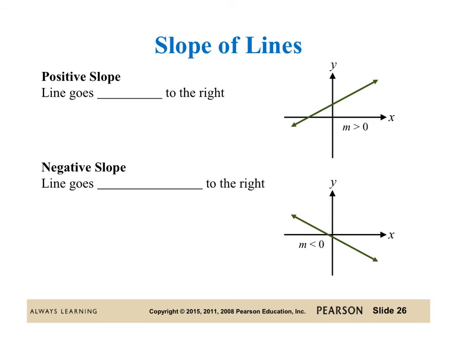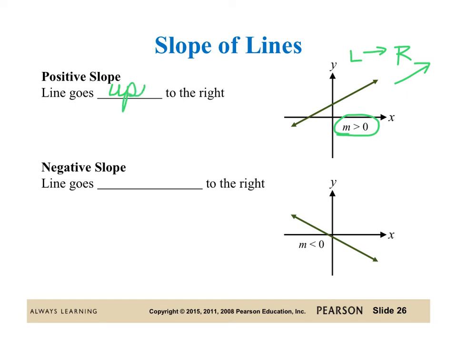Some key things to remember about slope. This line has positive slope. In other words, the value of m is greater than 0. And notice that this line, if you go from left to right, goes uphill. So it goes up to the right.